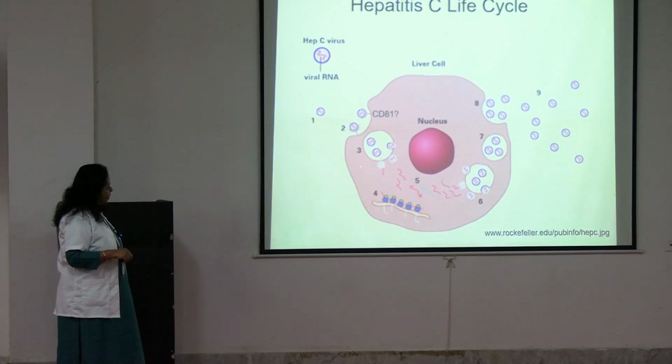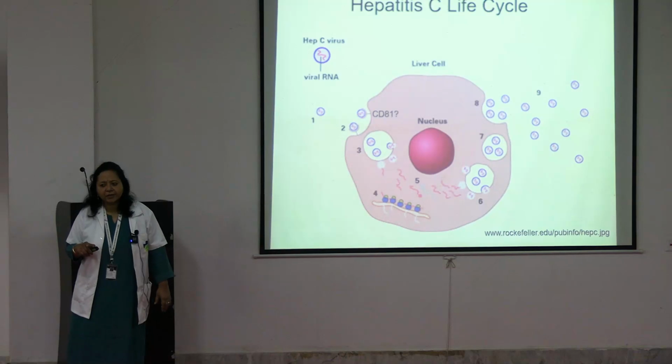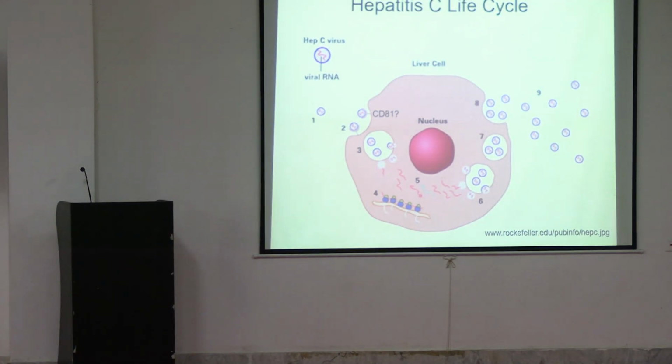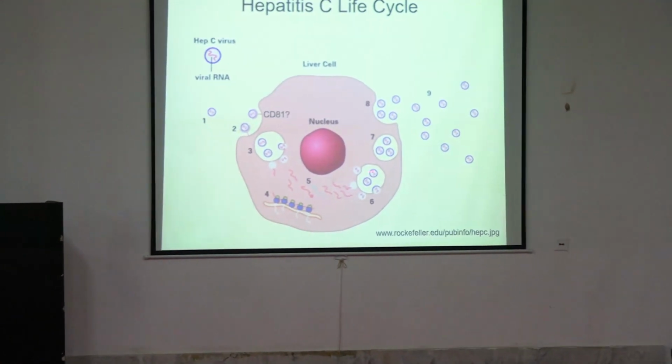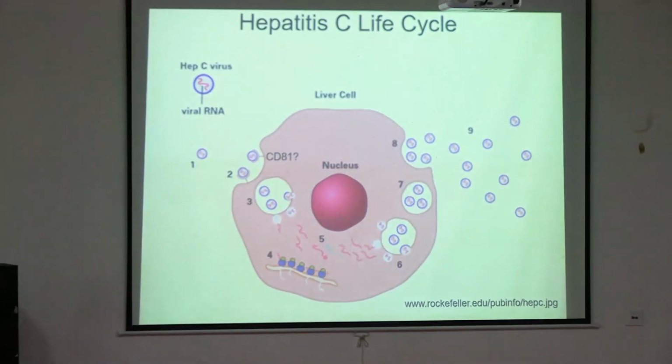See this, it doesn't go inside the nucleus. What is the difference? In hepatitis B, it enters the nucleus, and here it remains in the cytoplasm only. Then there is formation of progeny viruses, which go on to infect other cells.